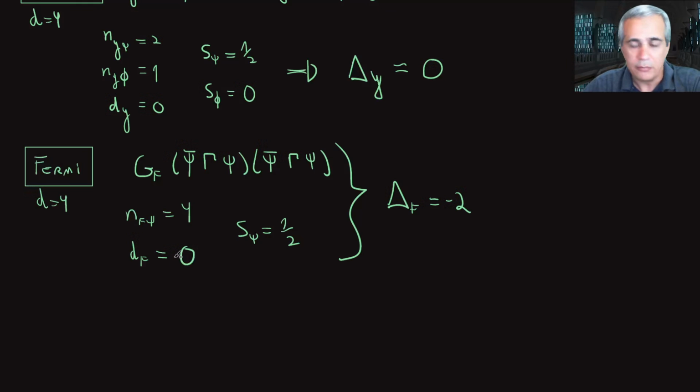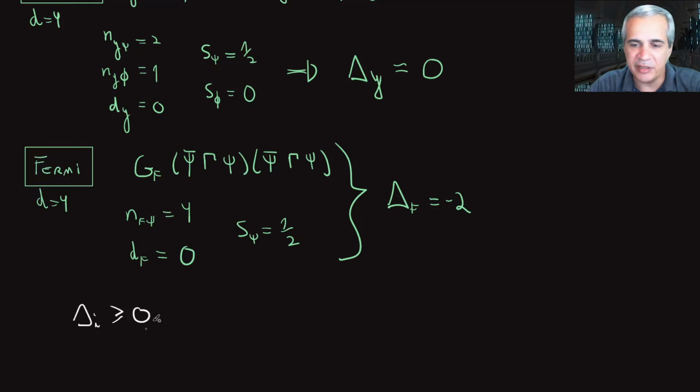Now, again, I have the same classification as before, right? Usually, what I'll do is separate interactions between those that have delta I bigger or equal to 0, right?